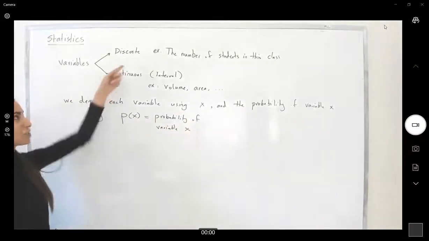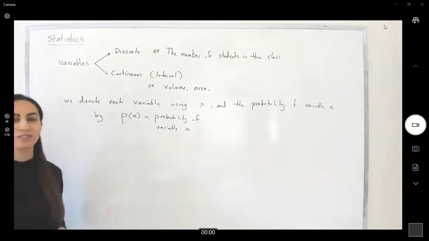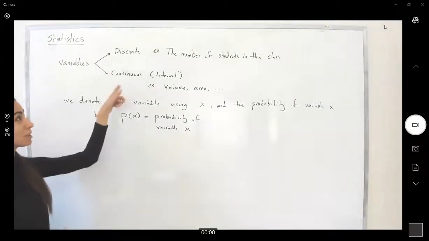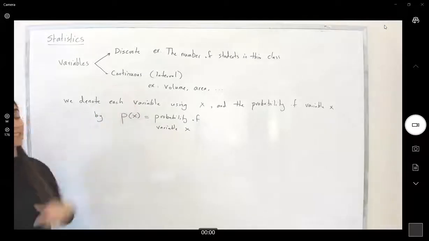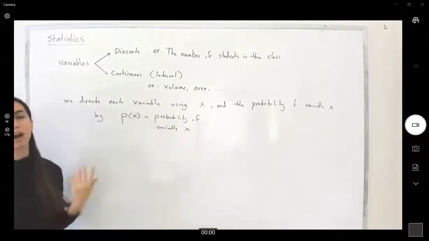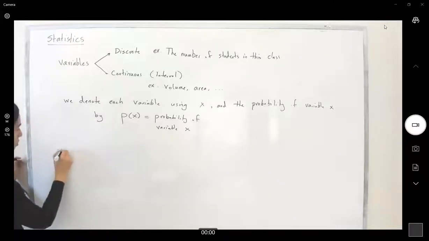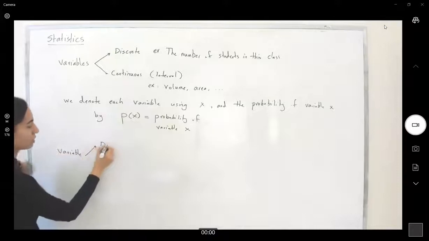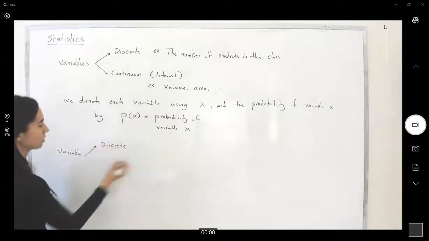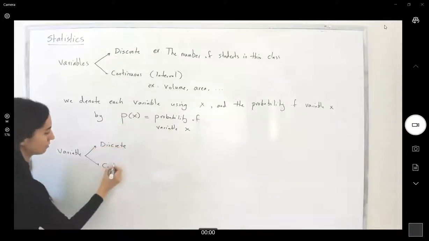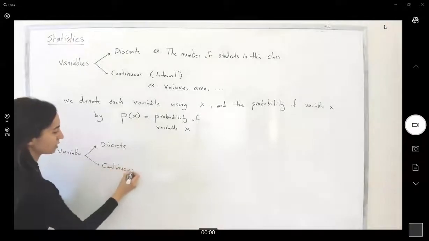Well, when we have a discrete variable, we have a different type of probability than the probability for a continuous random variable. So let us rewrite this. Variables have discrete variable and continuous variable.